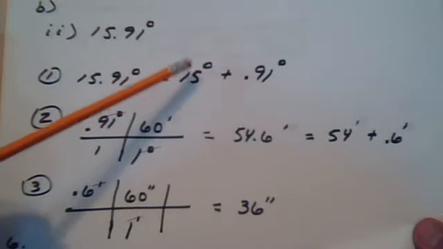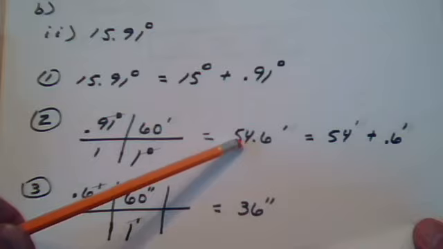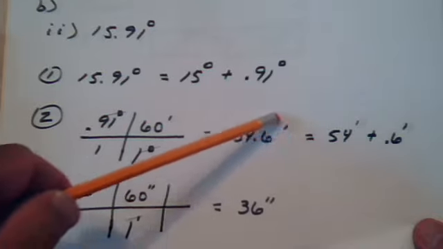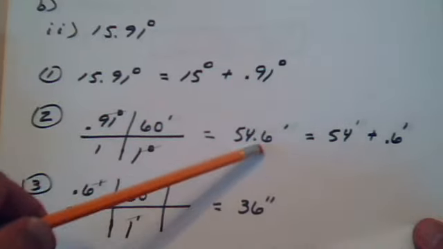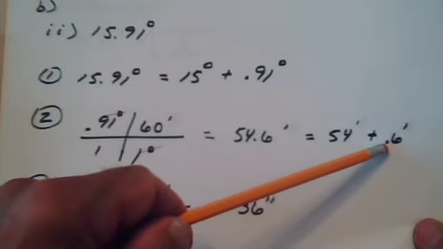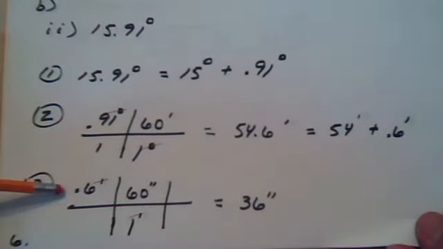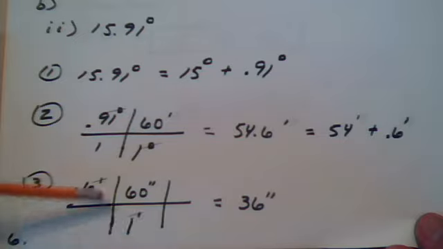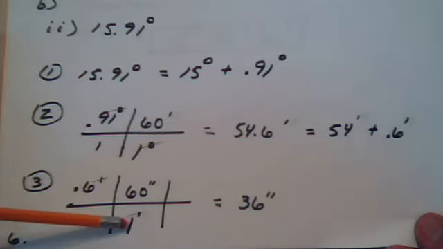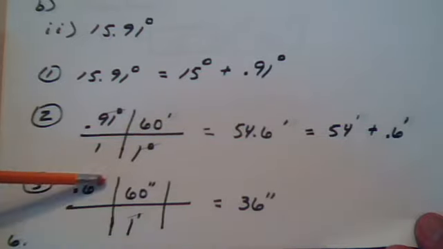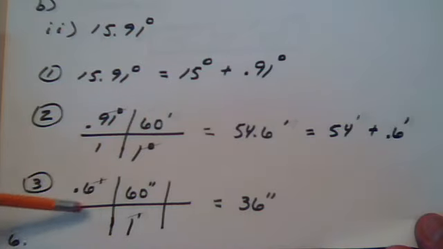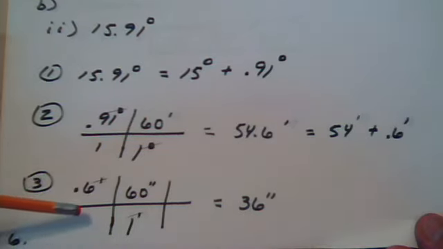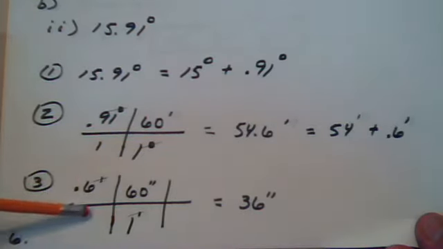So far we have 15 degrees, 54 minutes, and now we're going to work with the decimal part to turn it into seconds. So I take the decimal portion and I cancel the minute part. 1 minute equals 60 seconds. Now the top with the top, the bottom with the bottom. Remember, if it seems like you don't have a denominator, it's always a 1.